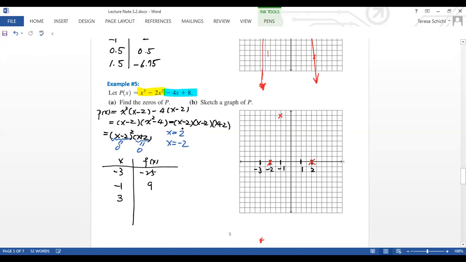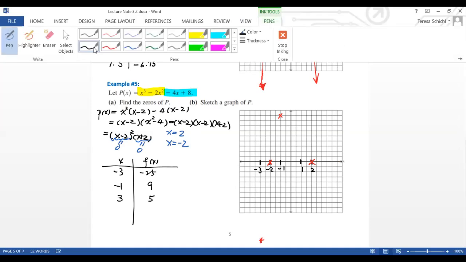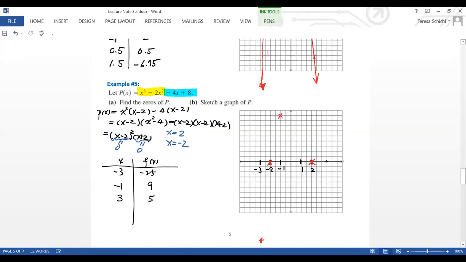If I plug in 3, this will give me 5. So 3 is here, give me 5: 1, 2, 3, 4, 5. So it's here.